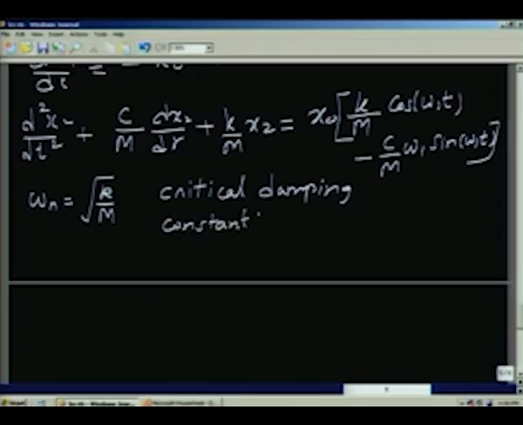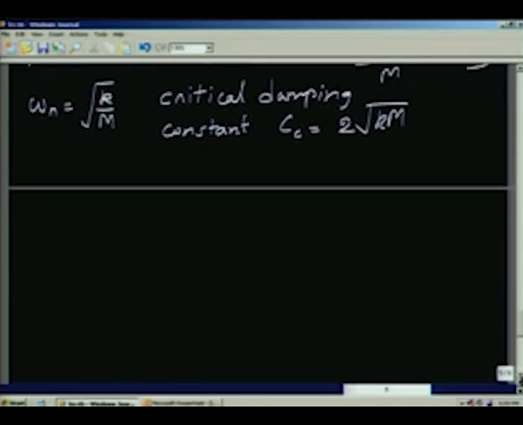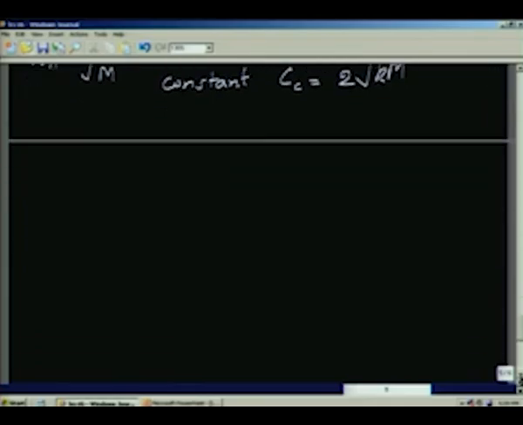The critical damping constant c subscript c is 2 times the square root of k into m, the product of k and m. So, with these quantities we can solve the equation very easily, and the general solution I can give for x2 minus x1.